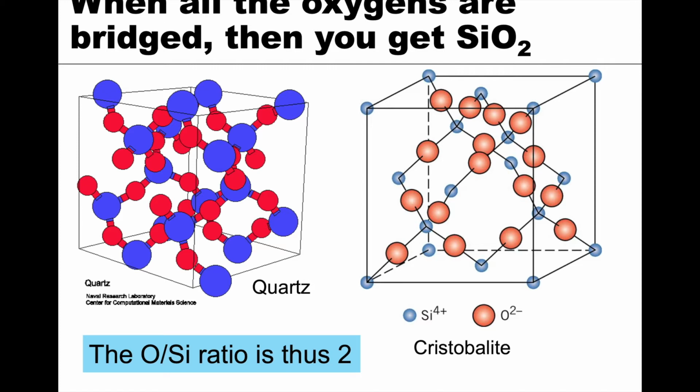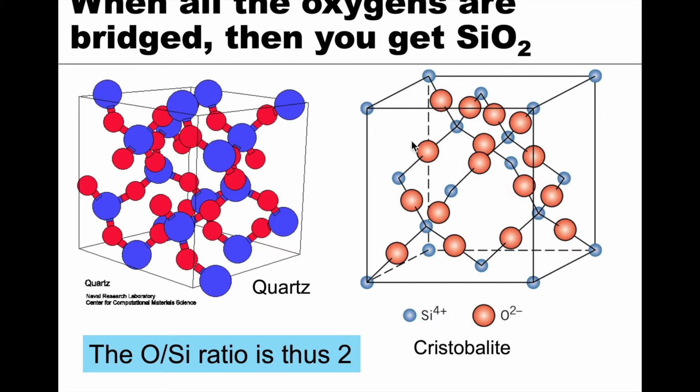So in this case, we're looking at a very complex three-dimensional structure like quartz, or this one's called cristobalite, but basically what's happening here is that all of the oxygens in these structures, so all of these red and all of these blue over here, are bridged. So everything is bridged.